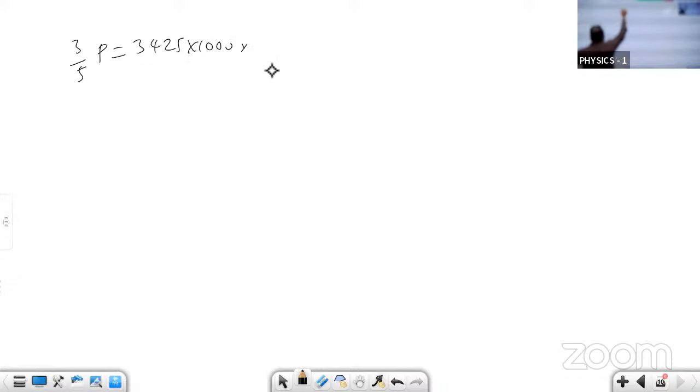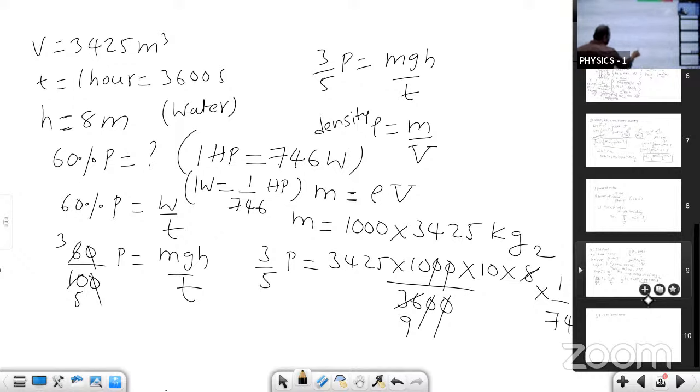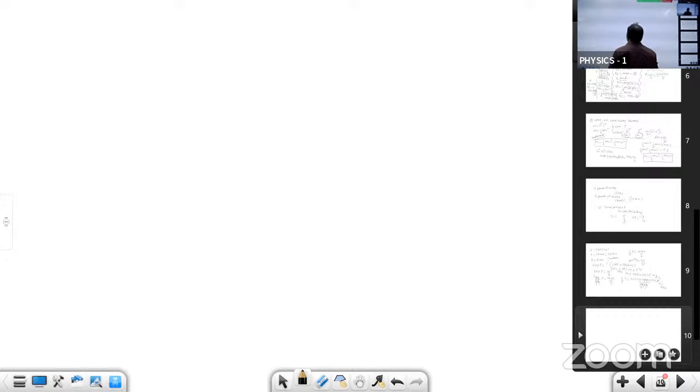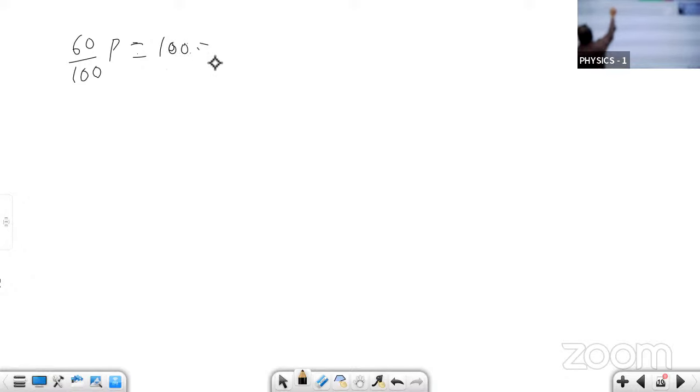This is the mass, g. Three by 5 P, mass, g, depth 8 meter. This is the density.